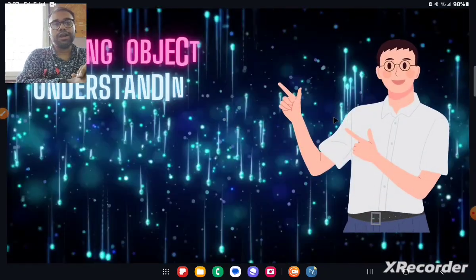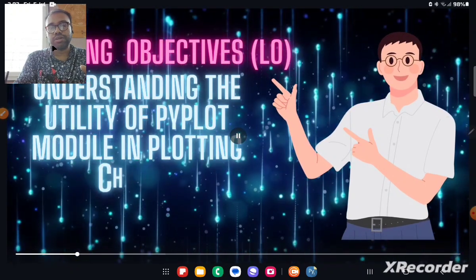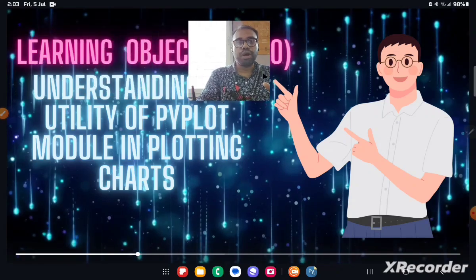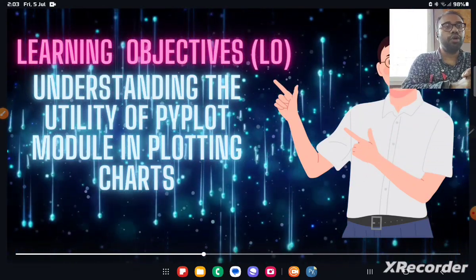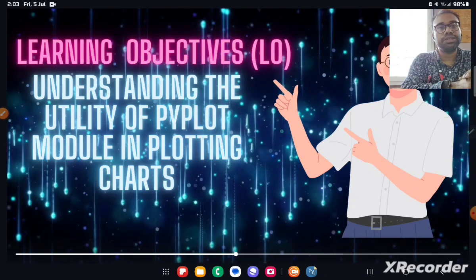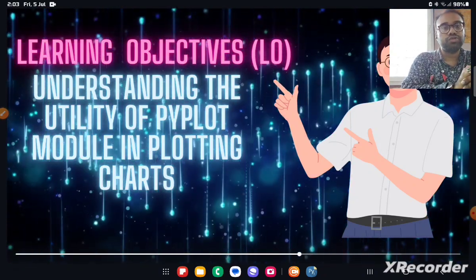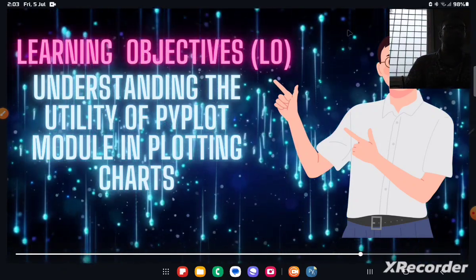In the learning objective, we will first understand what is the utility of PyPlot, and how PyPlot helps us in the process of plotting graphs. So, the learning objective, I think it is clear to all the students: to understand the utility of PyPlot in plotting graphs particularly.